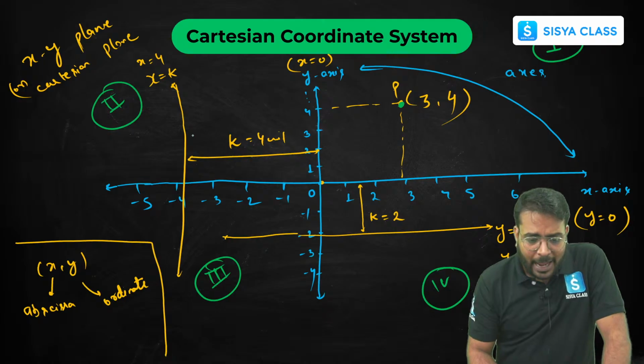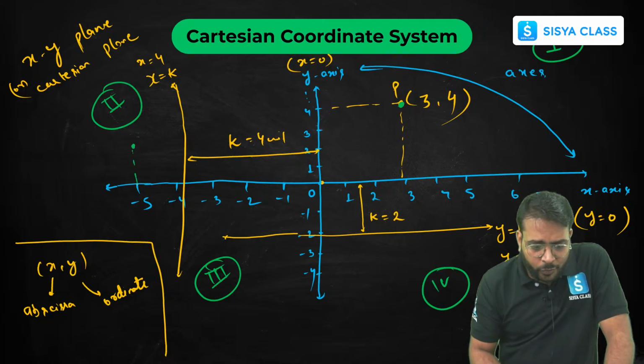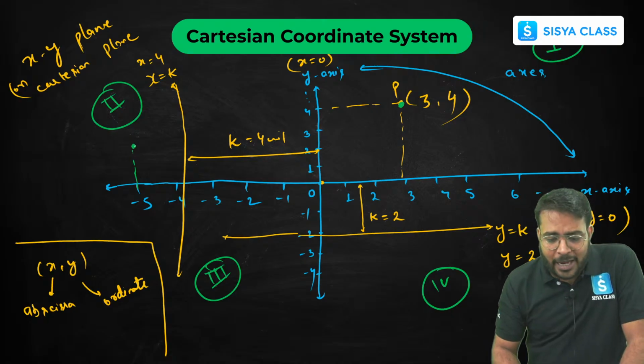Whenever you take any point in the second quadrant, the x1 is going to be minus and the y1 is going to be plus.